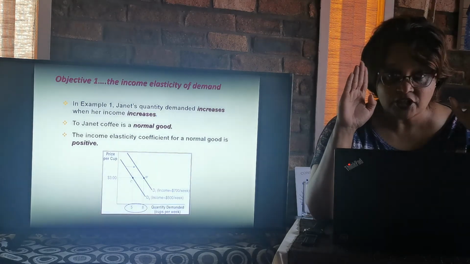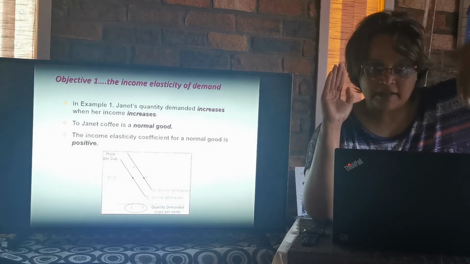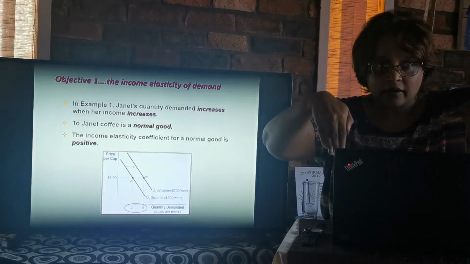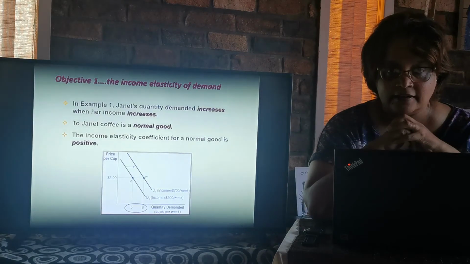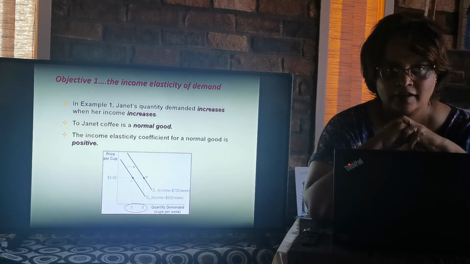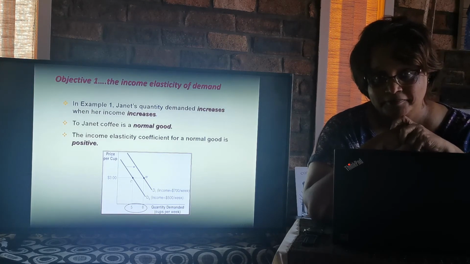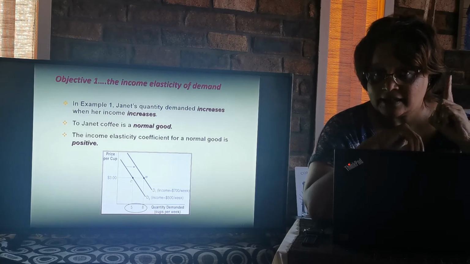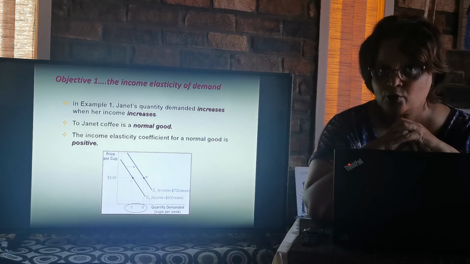When it's in the same direction, it's a positive relationship. If my income decreased, my demand will decrease. It's a positive relationship. If income increased and my demand increased, and it's positive, we say that it's a normal good that you are buying. Can I say that coffee was a normal good? Because my income increased that week, the price remained the same, and my demand increased. So it was a normal good.